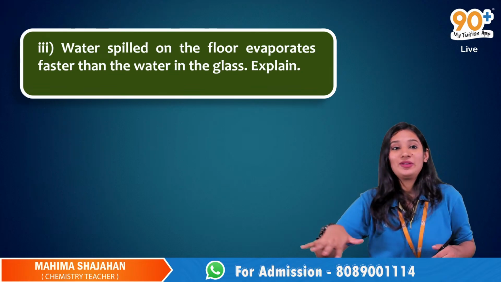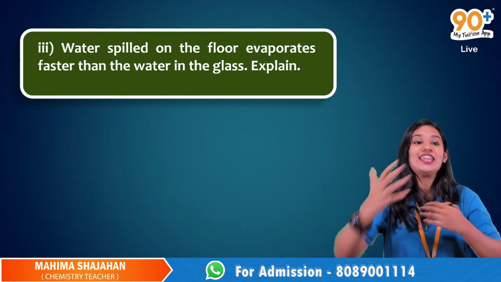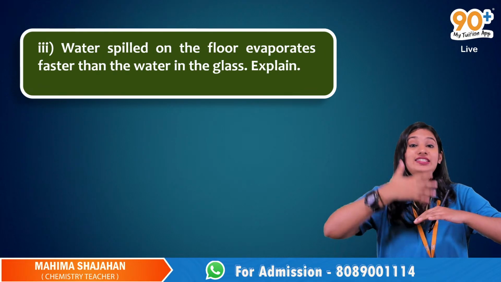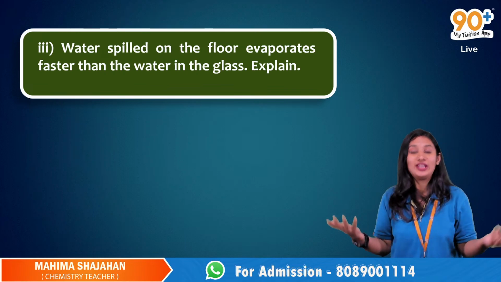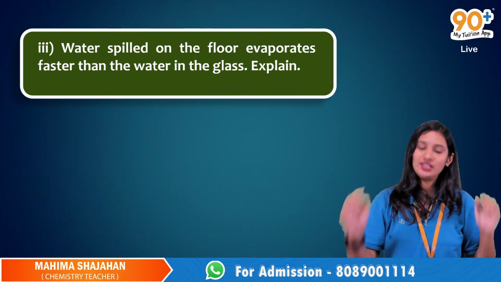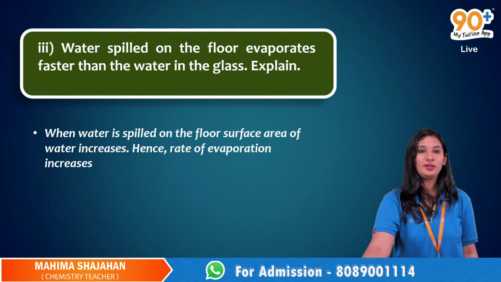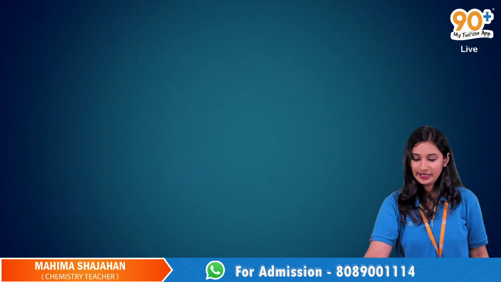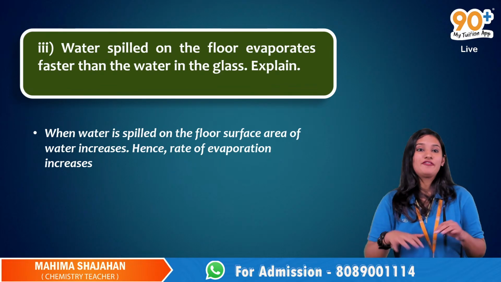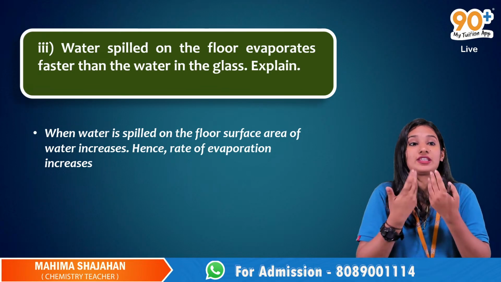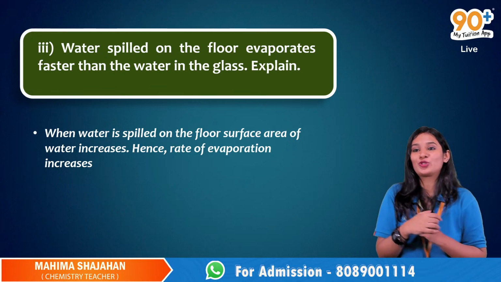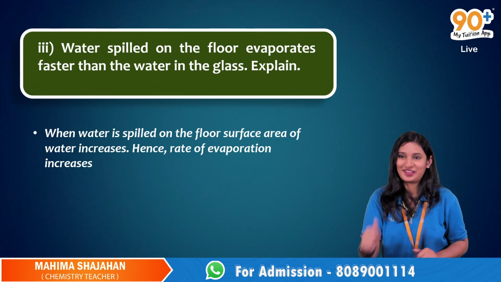Water spilled on the floor will have what? It will have higher surface area compared to the water in the glass, right? So if surface area increases, what will happen? When surface area increases, evaporation increases. Is it clear? The surface area will be higher, hence the rate of evaporation also increases. Yes, very good, very good.